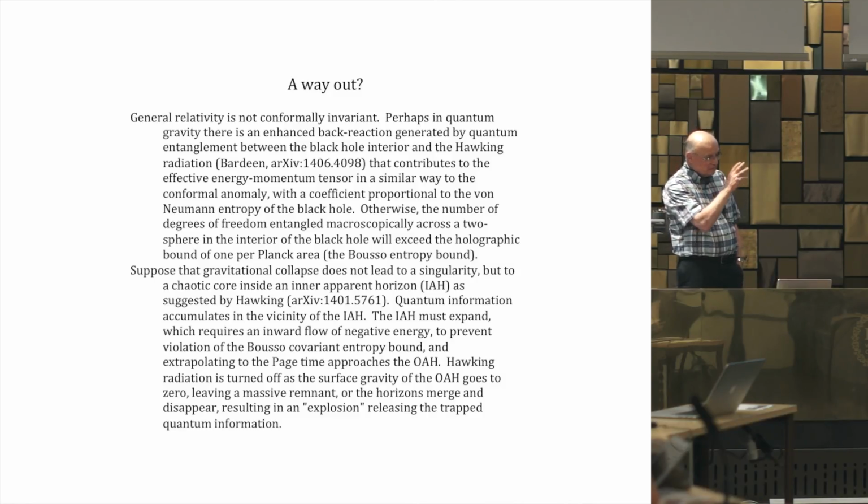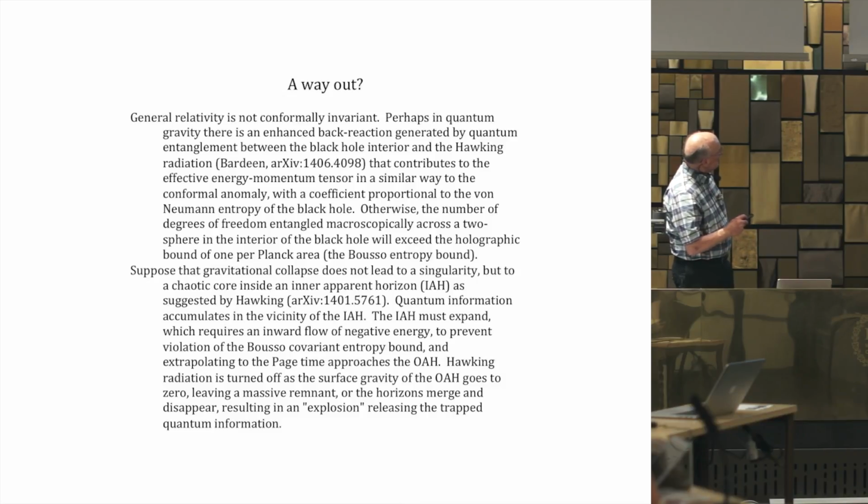And so if this picture is correct, then you end up with a massive remnant, with mass about half the original mass of the black hole, which contains all of the quantum entanglement associated with Hawking radiation, and persists as a sort of black object, a really black hole.